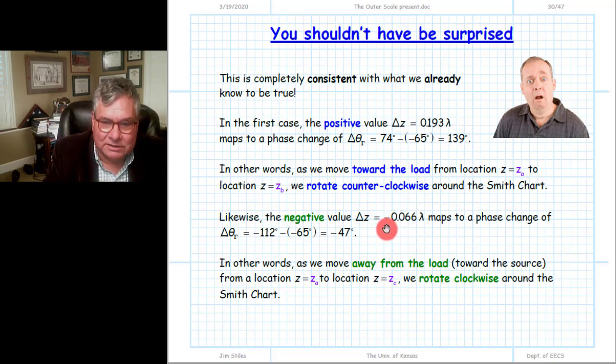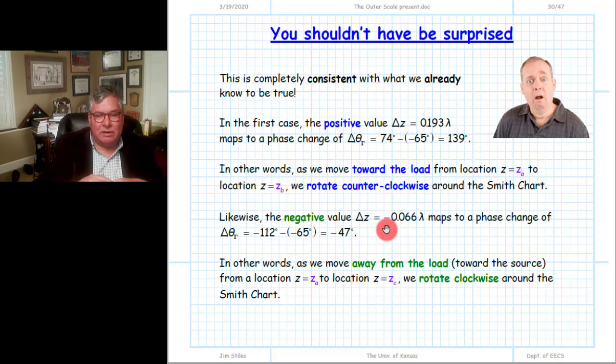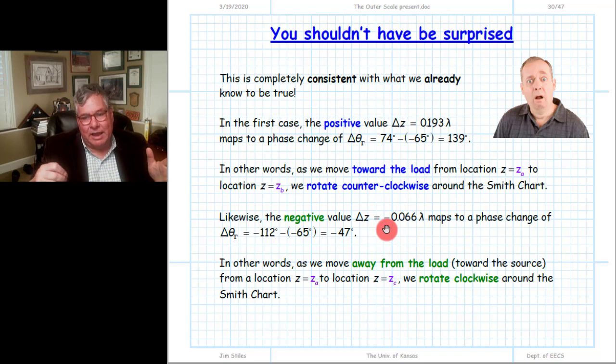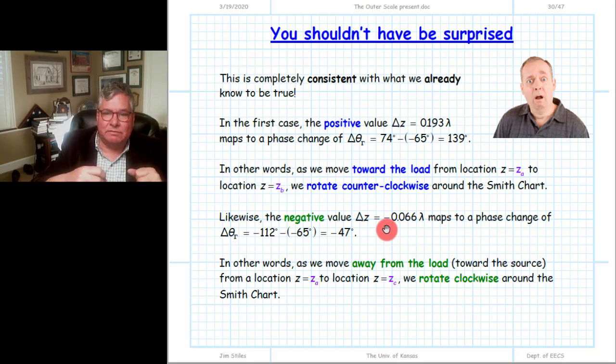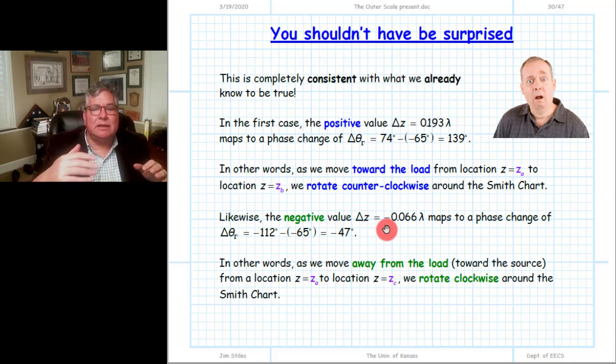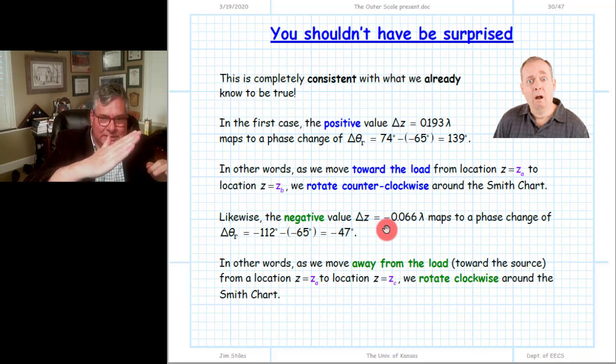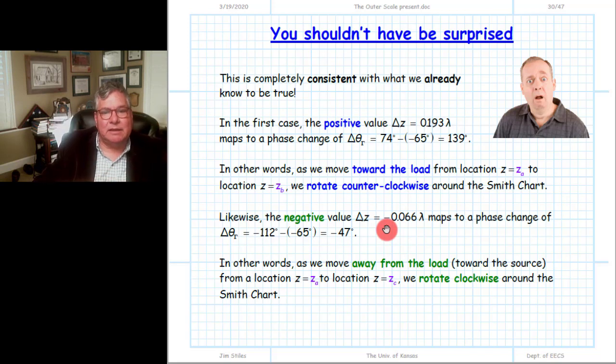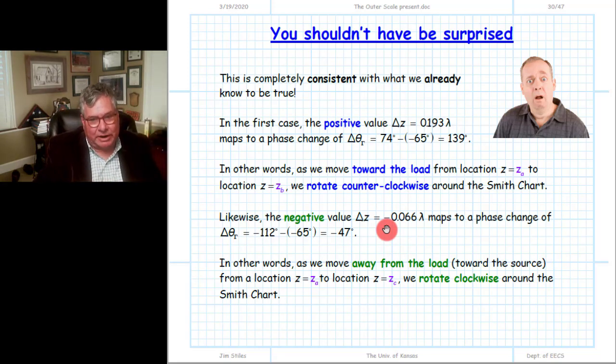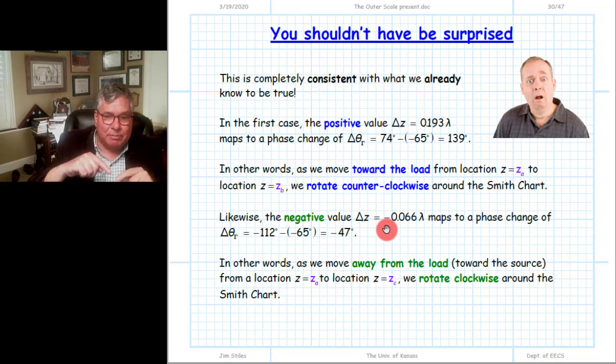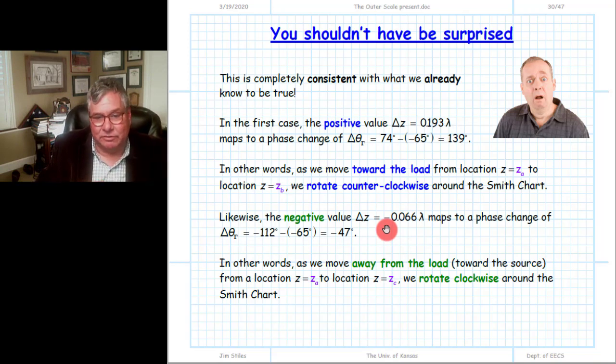Conversely, if the delta z is negative, our index is decreasing. It's moving in the direction of decreasing z, away from the load. And as that value of z decreases, the phase angle of the reflection coefficient likewise decreases, and we're moving in a clockwise direction around the complex gamma plane and therefore around the Smith chart.